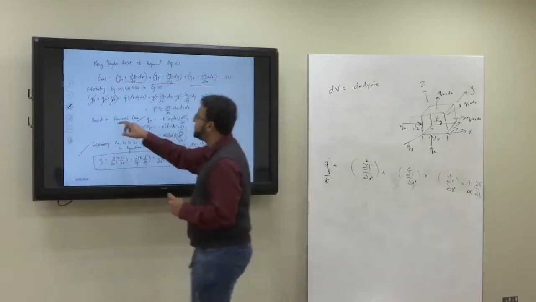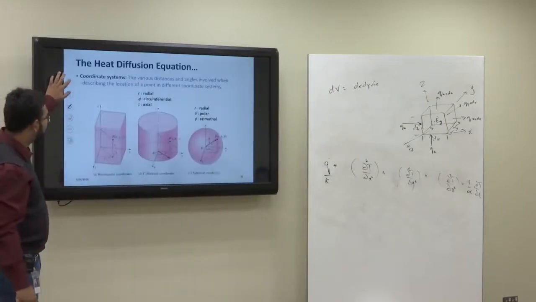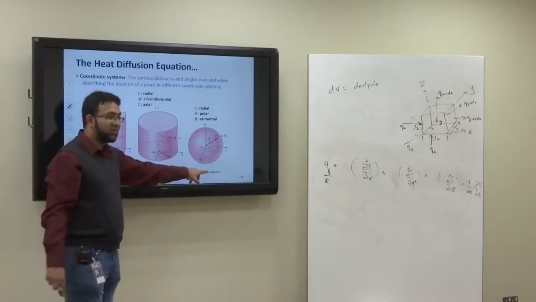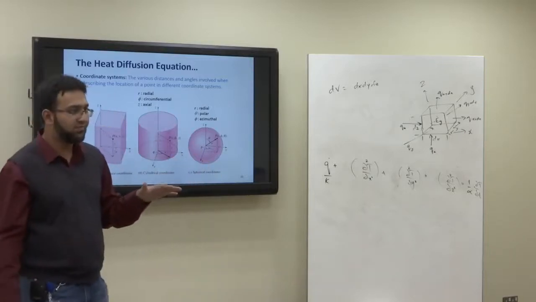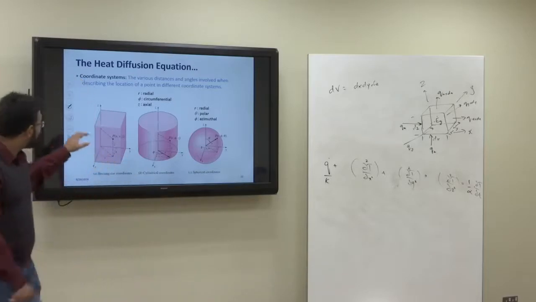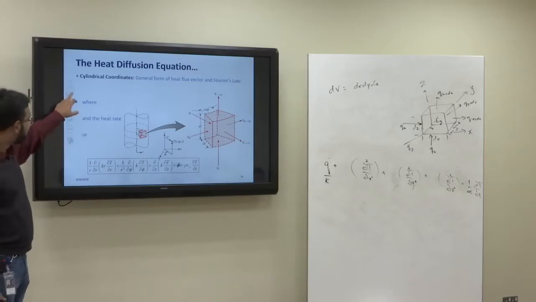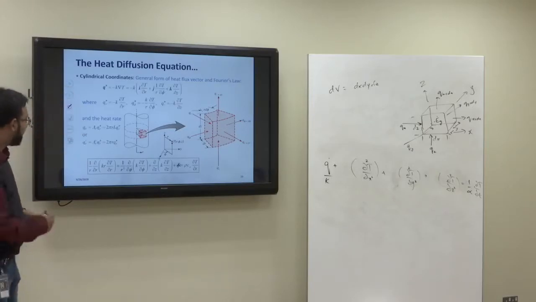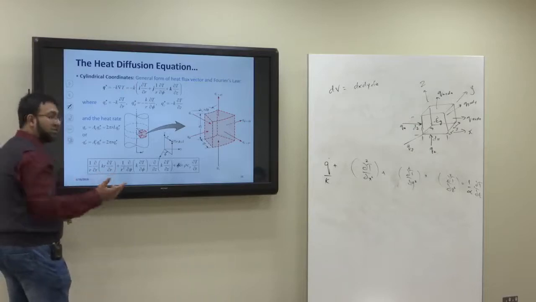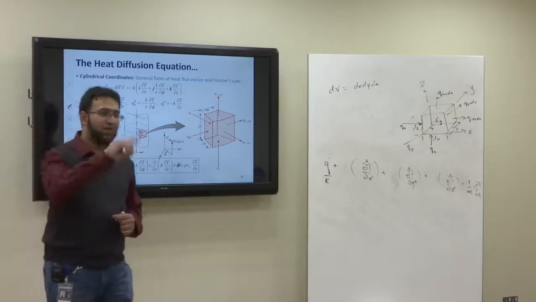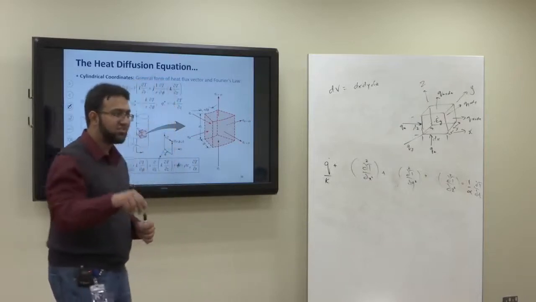As I told you, a similar kind of derivation is present for the cylindrical as well as the spherical coordinates, but it is in your textbook and we have not gone through it. However, the answer is important and understanding the answer is important. In cylindrical coordinates, instead of x, y, and z, you have r, theta, and z.